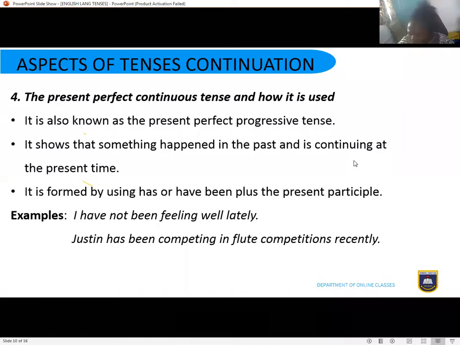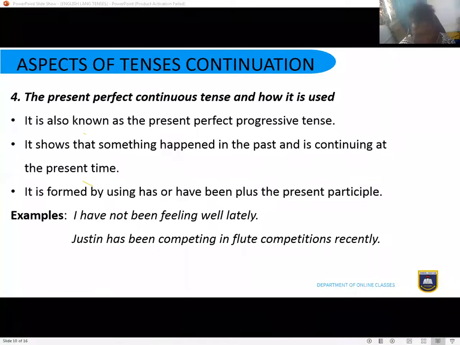The last one that we'll be looking at is the present perfect continuous tense and how it is used.